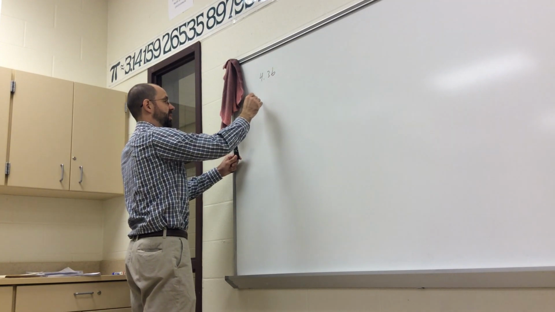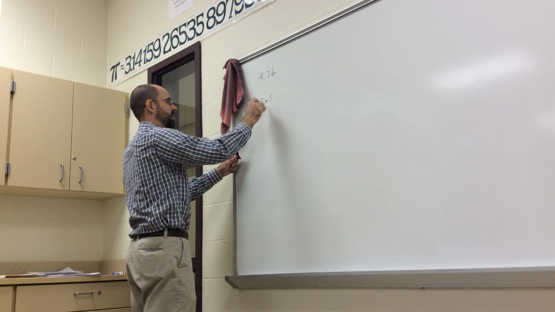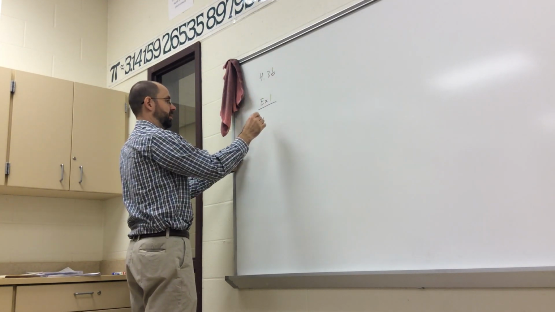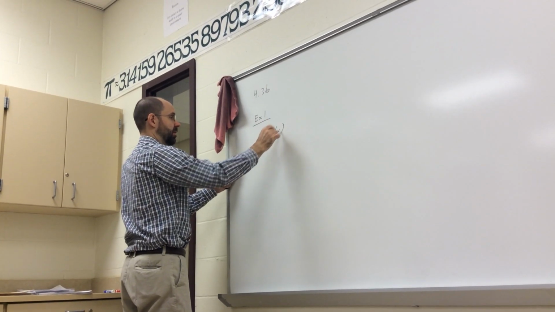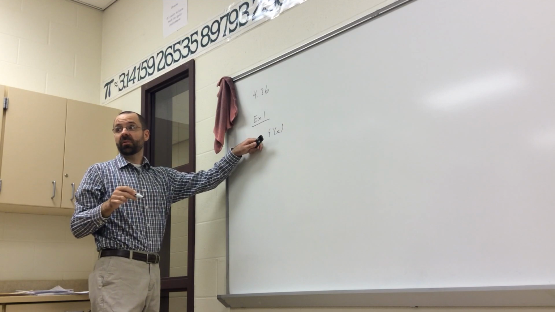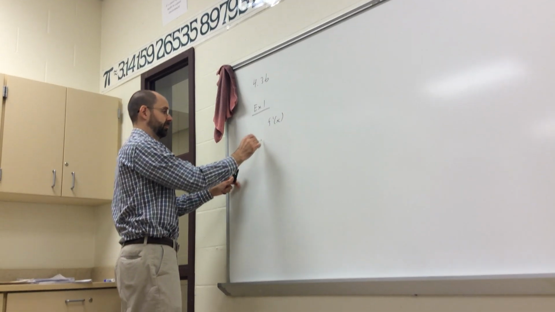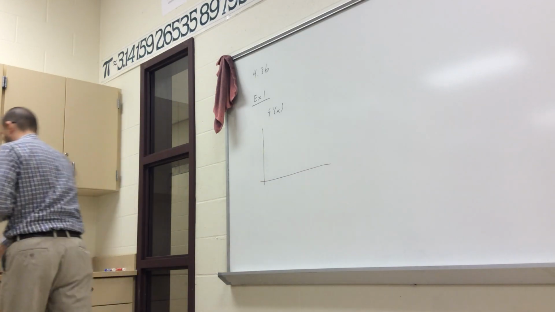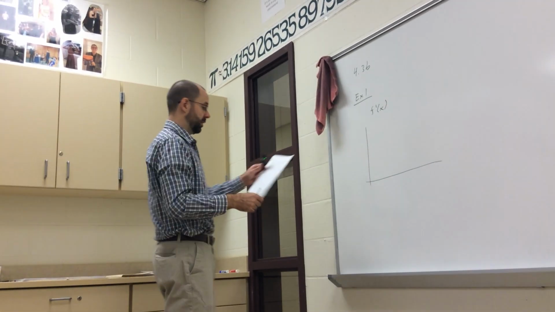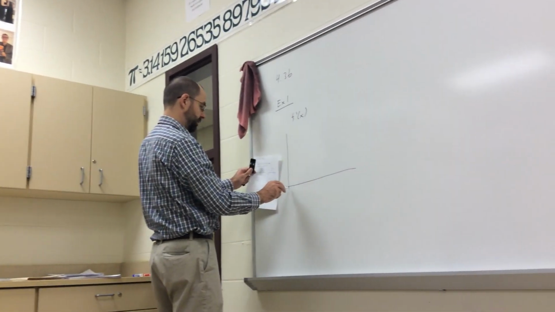So in 4.3b, we're going to be given two graphs in example 1. The first graph is f prime of x, and it looks like this.